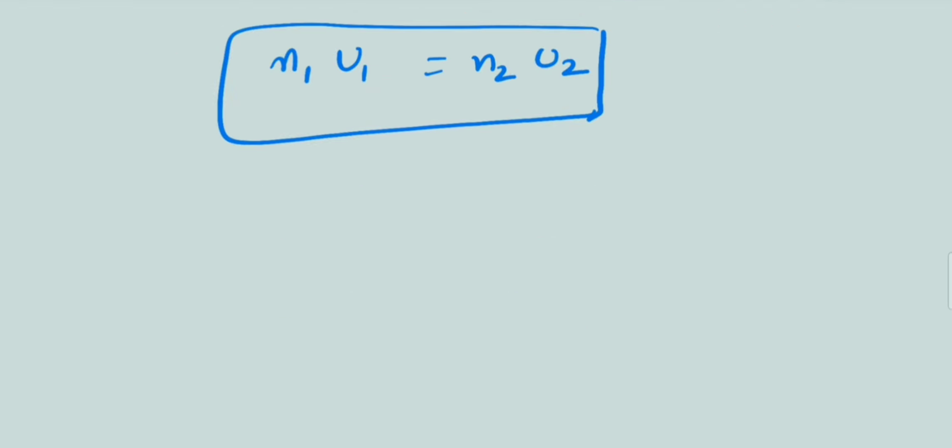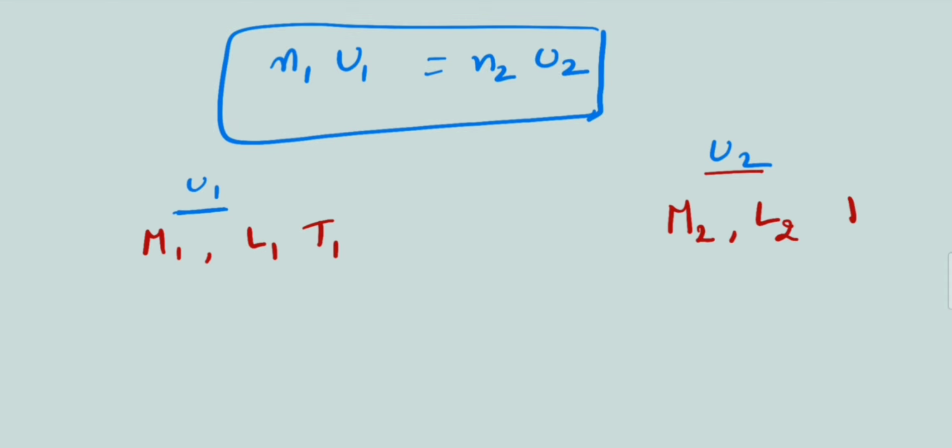So here we have taken two systems of units, u1 and u2. Let's take the mass of a physical quantity in this system of unit as M1, the length is L1, and time is T1. Similarly for this system of unit, the mass we represent with M2, the length we represent with L2, and time we represent with T2.